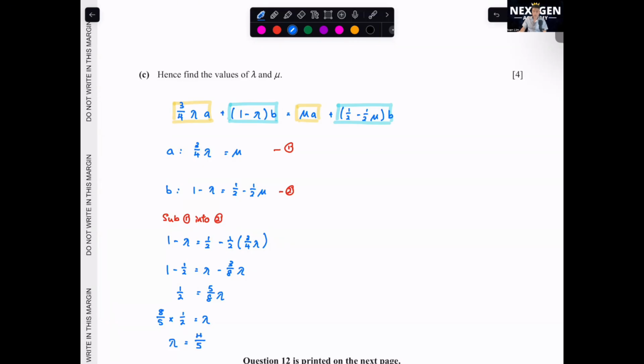Then we're going to sub lambda equals 4 over 5 into 1. So mu equals 3 over 4 times 4 over 5, where mu equals 3 over 5. This is the final answer.